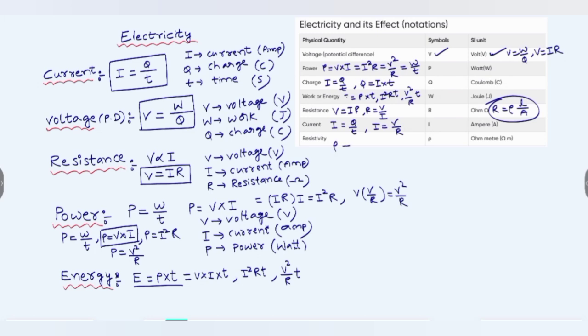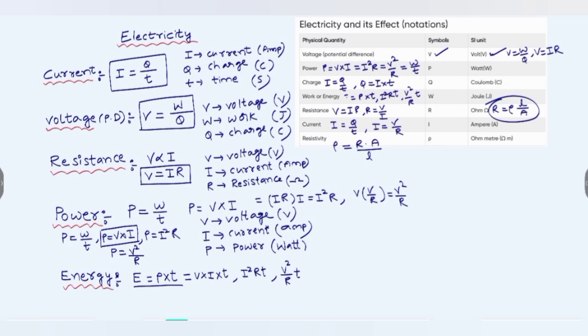Rho is equal to R into A by L. Just transpose L by A to this side, it will become A by L. These are some important formulae that you have to remember to solve numericals in electricity. If you want, you can list out all these in a chart or in a table so that you can remember them better, and when a question comes you can select the correct formula to solve the problem.